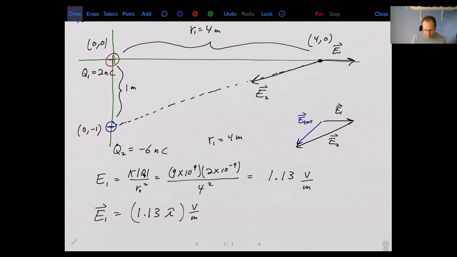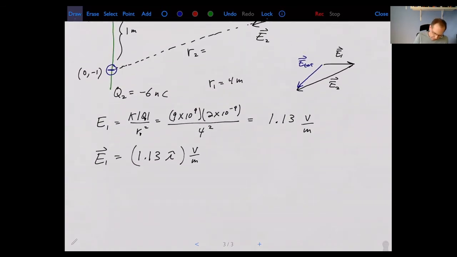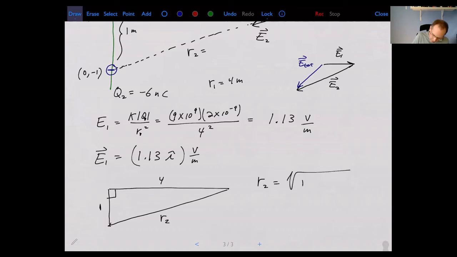To calculate the electric field due to charge 2, I need to know this distance, R2. Notice here we have a right triangle. We know this distance is 1, this distance is 4. So I can figure out R2. It's simply going to be the square root of 1 squared plus 4 squared, which is the square root of 17. So R2 is square root of 17 meters.